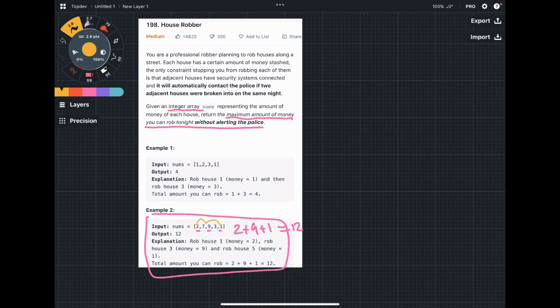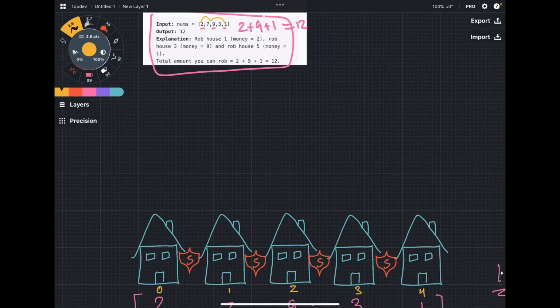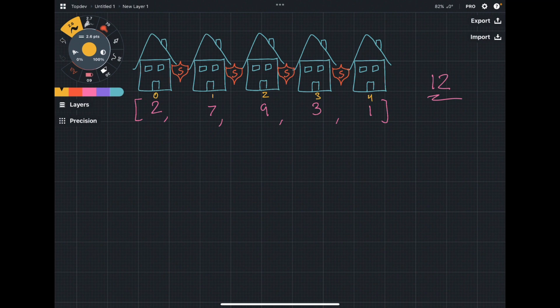Okay, so I drew a diagram here to help this make sense. We're given this illustration, and this array: 2, 7, 9, 3, and 1. And our output over here is 12.